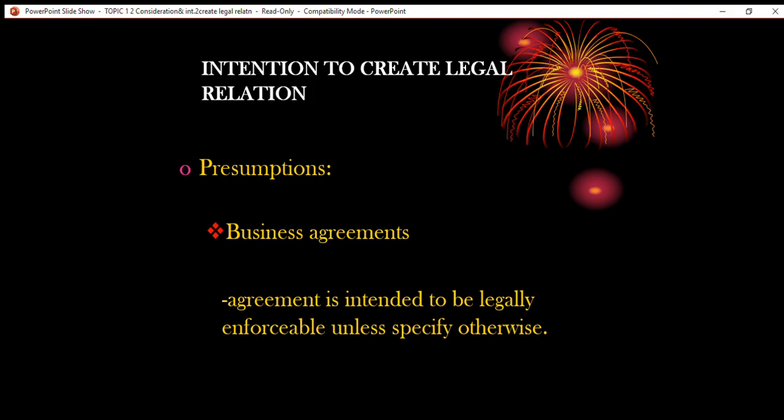A formal contract means you need to stamp the contract, provide signatures and so on. They said they had the intention to be legally bound provided that they concluded the agreement into a formal contract. However, later no formal contract was entered into, therefore the court decided that both parties had no intention to be legally enforceable under the contract. This is for the first presumption.